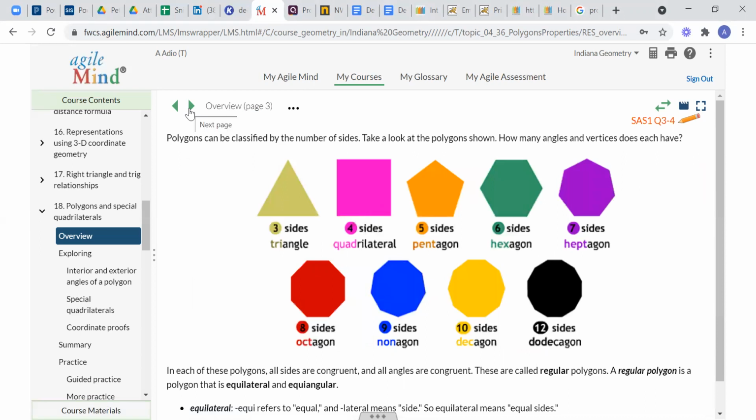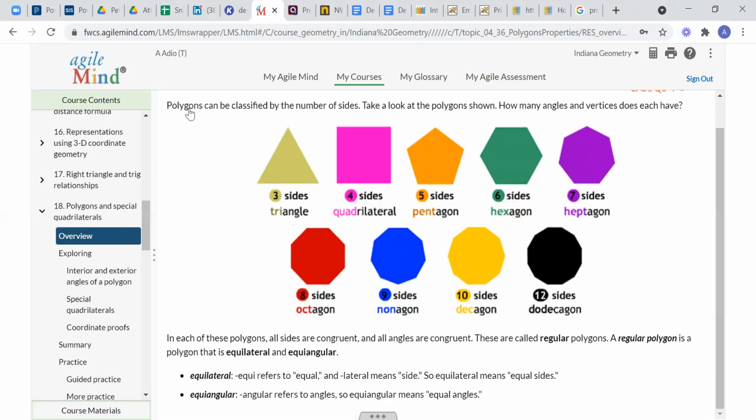So here, these are things we've done before. A three-sided polygon is a triangle, four-sided quadrilateral, 5 pentagon, 6 hexagon, 7 heptagon, 8 octagon, 9 nonagon, 10 decagon, and then 12 dodecagon, okay? And a polygon is said to be regular when it's equilateral and equiangular.